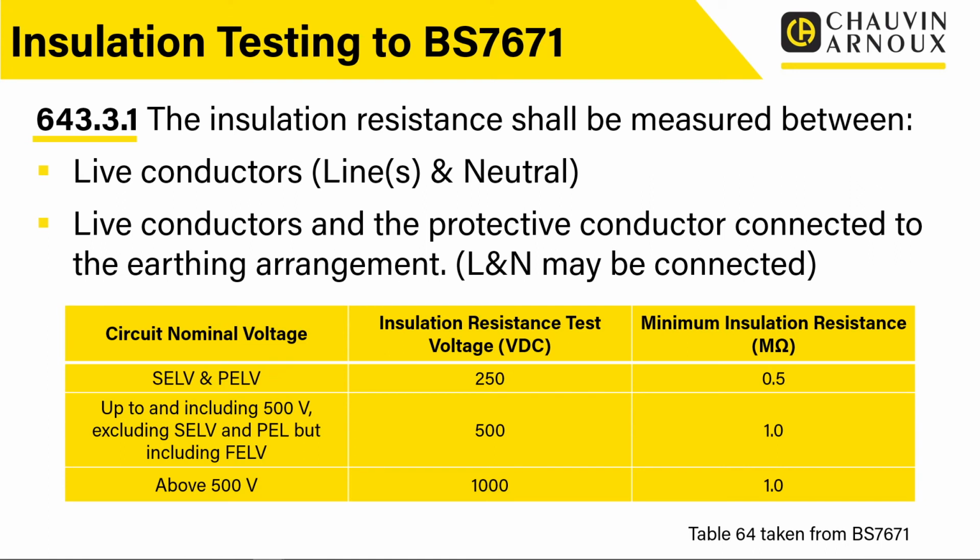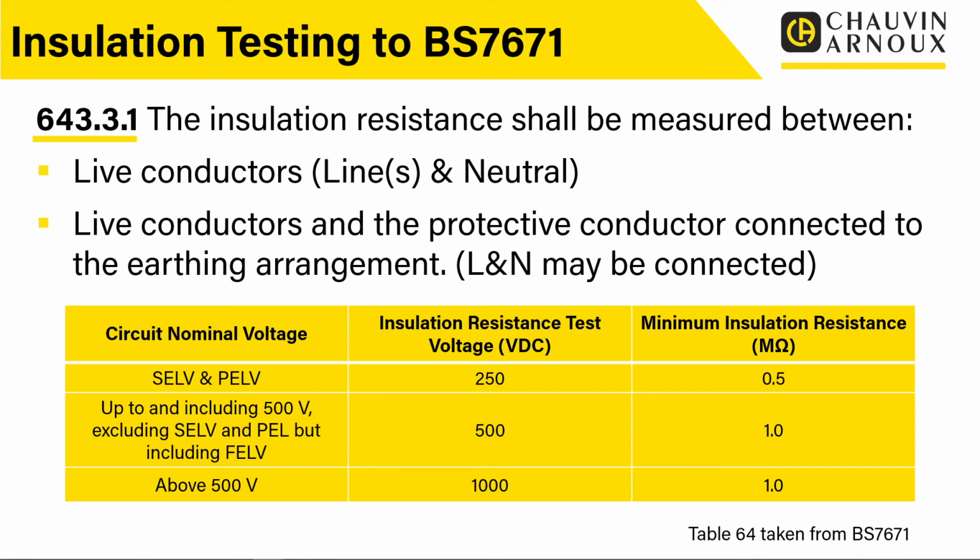because actually when we're checking to the protective conductor with it connected to the earthing arrangements, that means it's also connected to the bonding, it's also connected to pipe work, it's also connected to structural steel work and things like this. So if there is a short between the live conductors and, say, a water pipe, we would pick that up by doing this test, because the protective conductor is connected to the earthing arrangement. Everything's connected to the earthing arrangement.